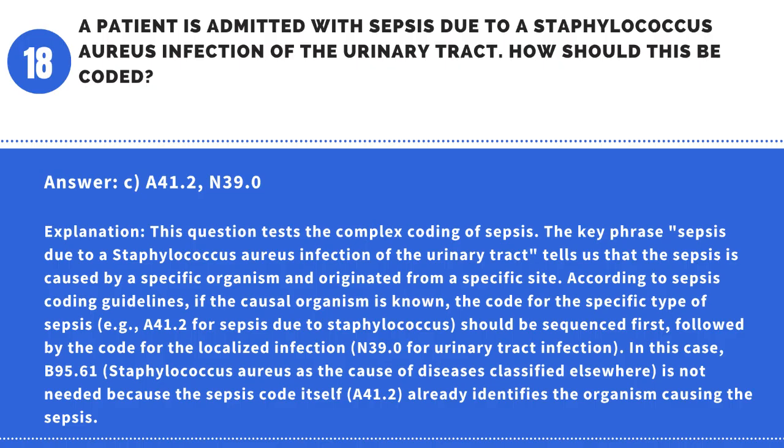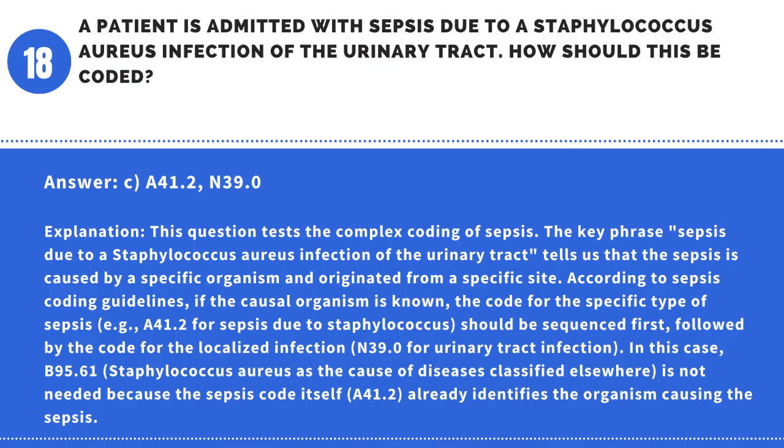This question tests the complex coding of sepsis. The key phrase, sepsis due to a Staphylococcus aureus infection of the urinary tract, tells us that the sepsis is caused by a specific organism and originated from a specific site. According to sepsis coding guidelines, if the causal organism is known, the code for the specific type of sepsis, A41.2 for sepsis due to Staphylococcus, should be sequenced first, followed by the code for the localized infection, N39.0 for urinary tract infection.